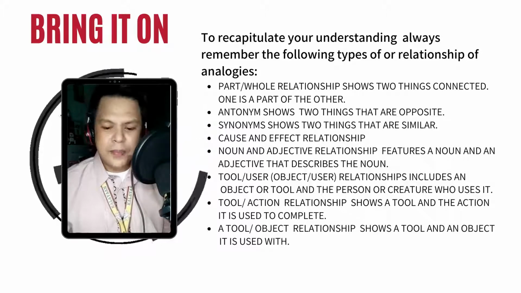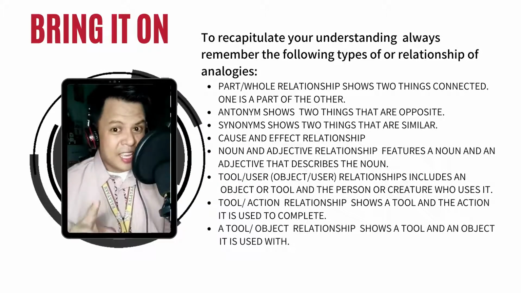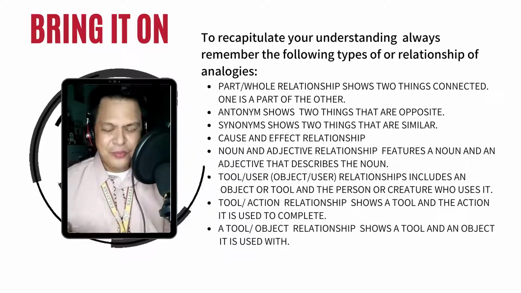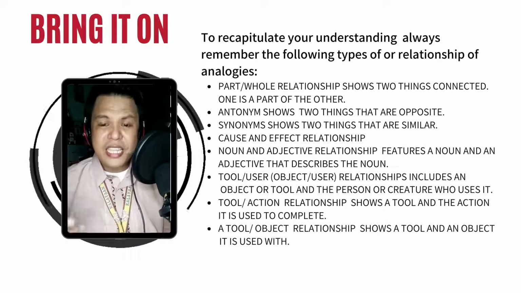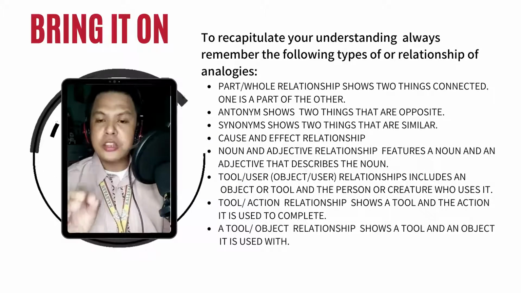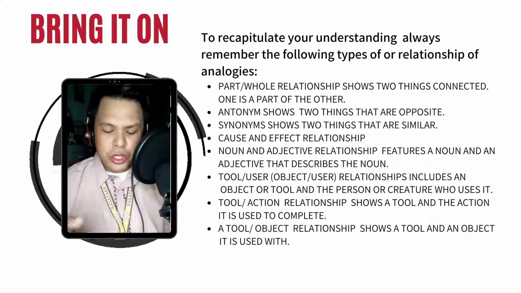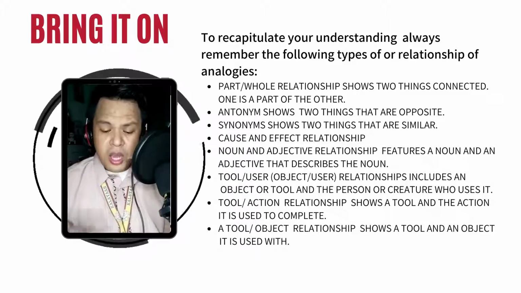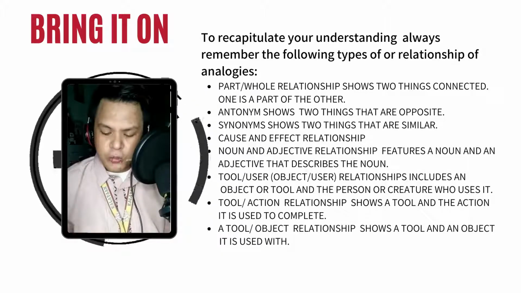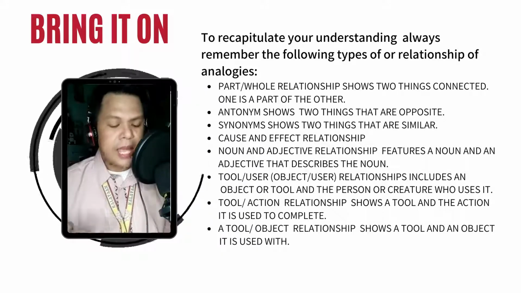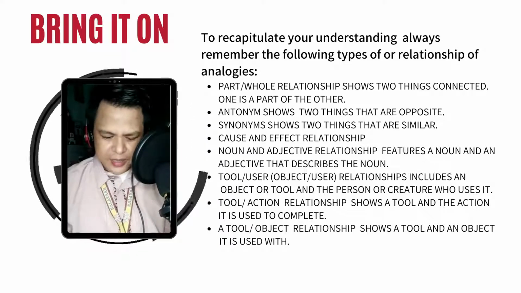The fourth one is cause or effect relationship. Take down notes with number 5. Noun or adjective relationship, which features a noun and an adjective that describes the noun. Number 6, a tool or user, or an object or user relationship, which includes an object or a tool and the person or creature who uses it.